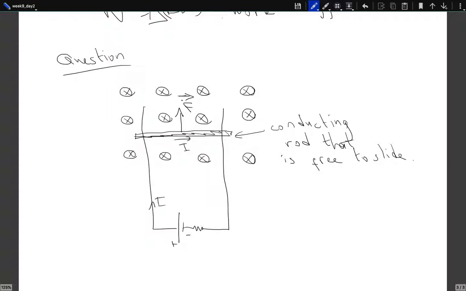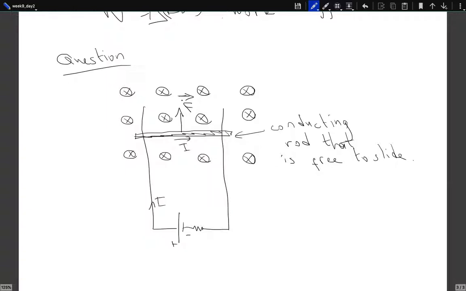The rod will accelerate upward. Ignore gravity. I mean, just assume it's horizontal, for example. Well, of course, you can ask the question, what should be the current if this is vertical and you want the rod to be in equilibrium, to be at rest all the time? Yeah, you can come up with many questions, but let's just, for this sample example, assume it's horizontal, there's no gravity, no other force. So this rod feels a force in the upward direction. It is displaced in the upward direction.